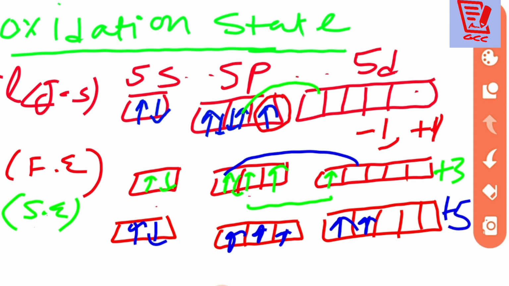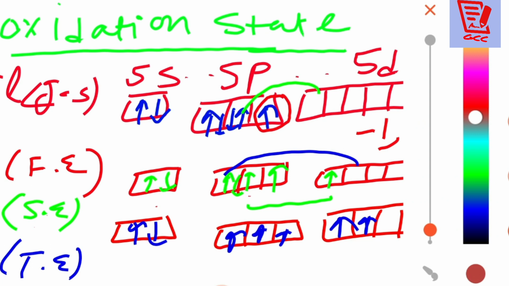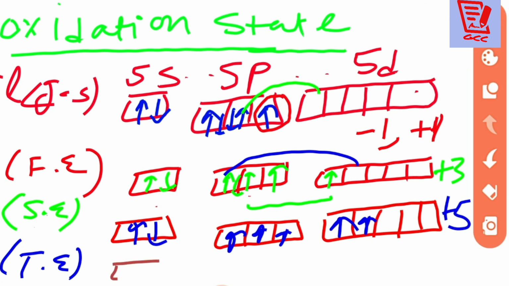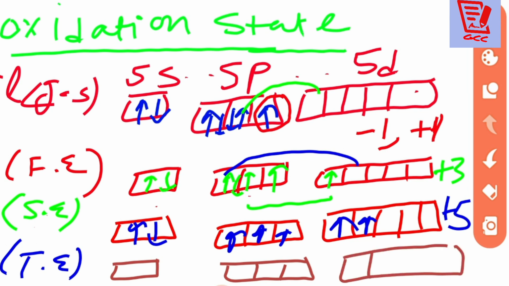In the same way we can do one more oxidation state, the third excited state. Now, when making the third excited state, see carefully what happens. Again I am making the p and the d orbitals, 1 2 3 4 and 5.